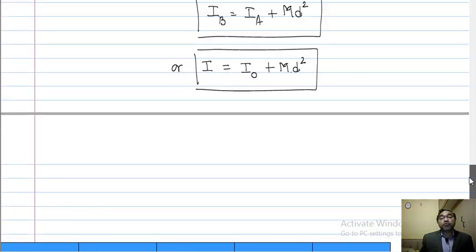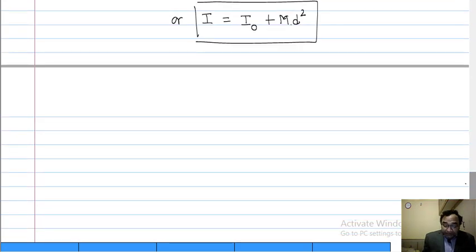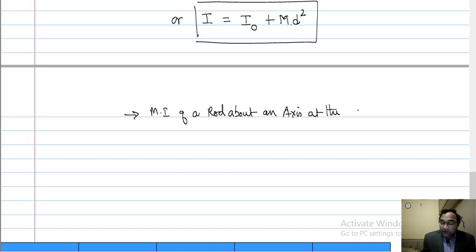Now, how to use these two theorems, this is the most important aspect. Let us apply these equations in some cases and try to understand how to use them. First I am taking the moment of inertia of a rod about an axis at the end of the rod.